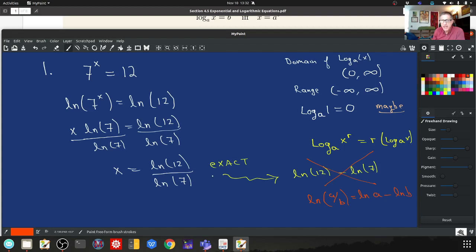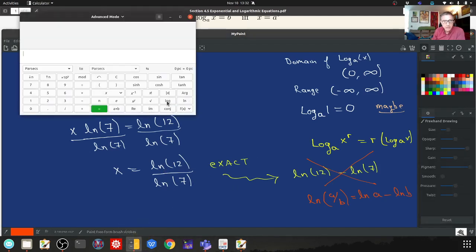But we don't have that. We have the log of 12, which is one constant, divided by another log of 7, which is another. So let's calculate that. I've used the log of 12, so I do log of 12 divided by the log of 7.